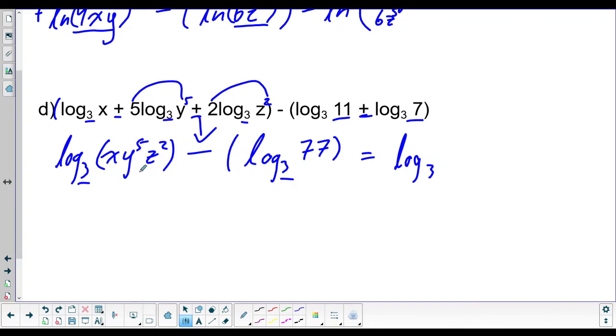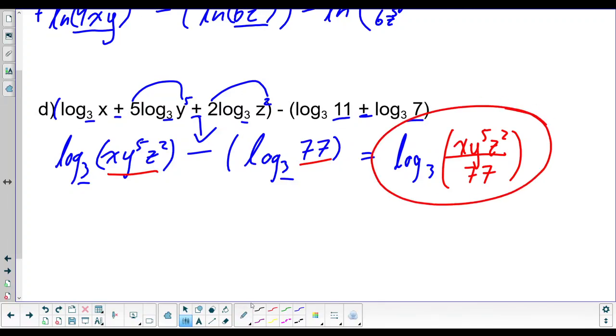And then we can take its arguments, the term here and here, and turn them into division inside the log. So we'll have x y to the 5th z squared on the top, over 77. And this is your answer.